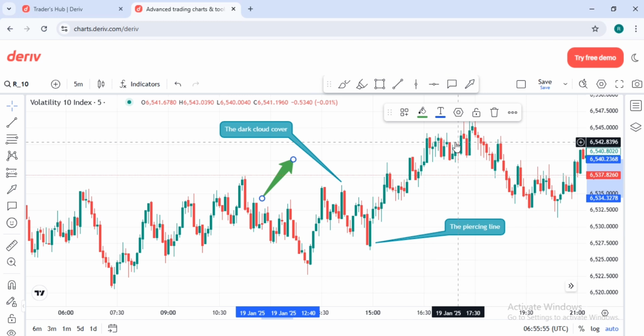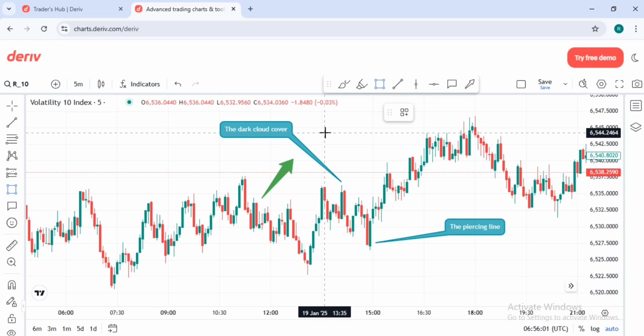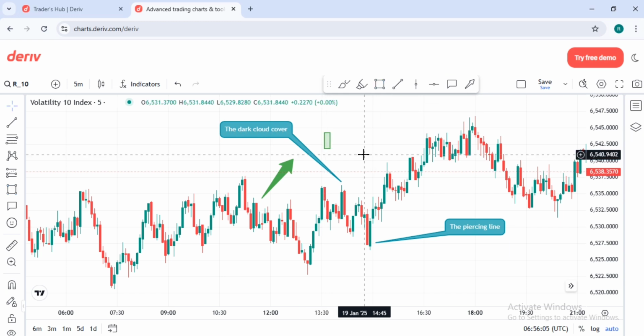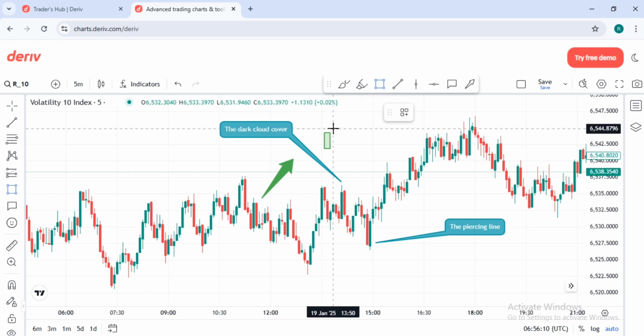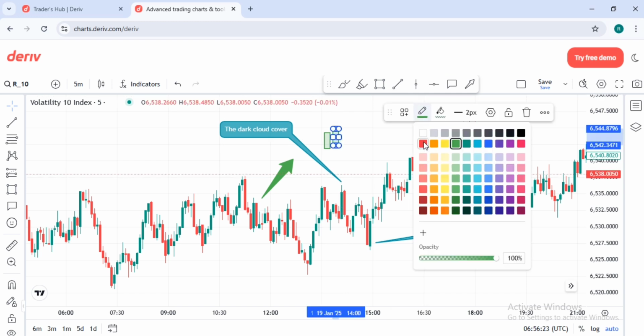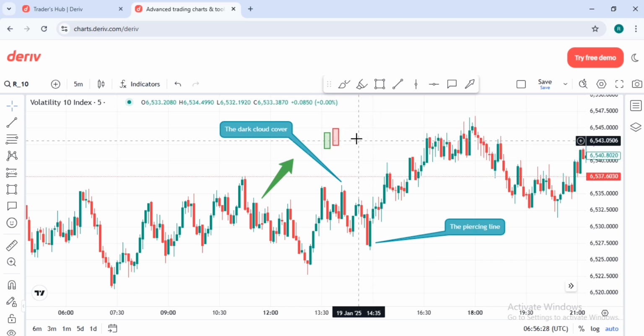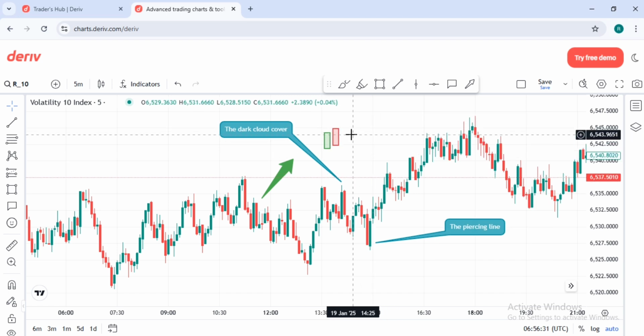Then after the uptrend, a green candlestick is formed, followed by a bearish one, a red one that starts above it. This is very important. So it has to be followed by a red one.